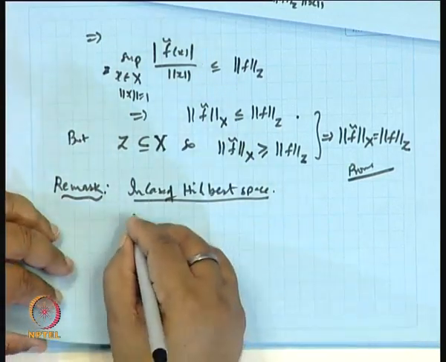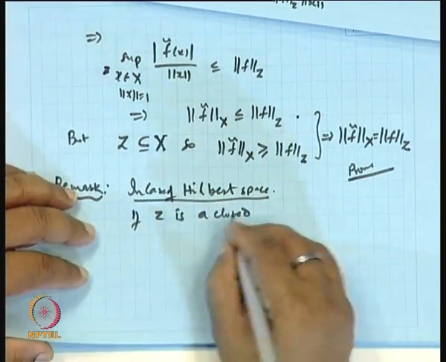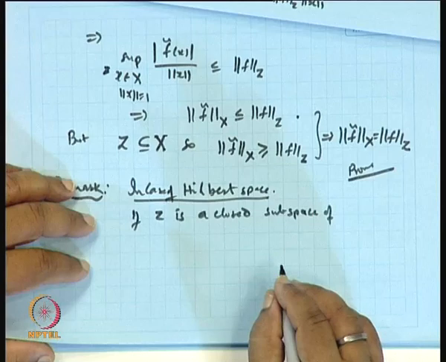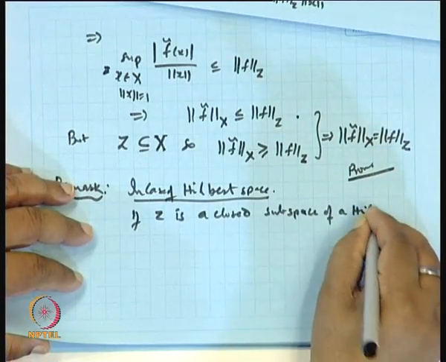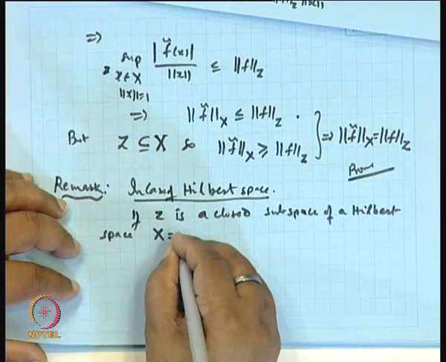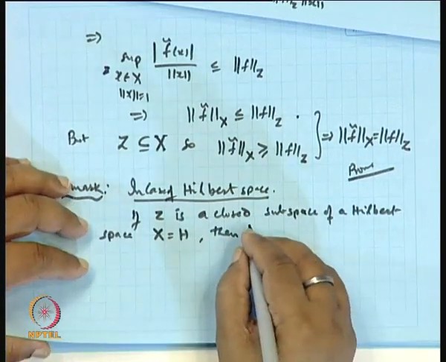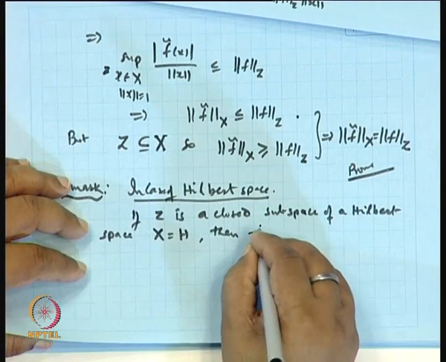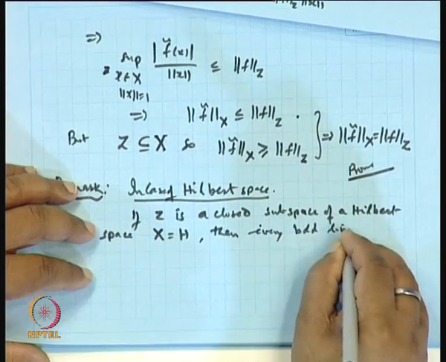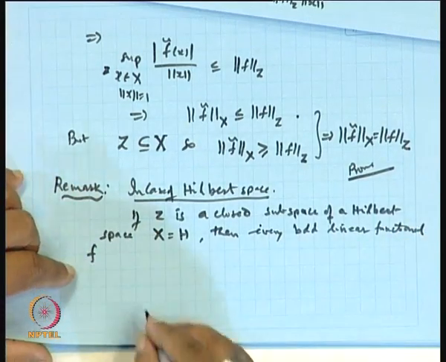Let Z be a closed subspace of a Hilbert space X, which we denote by H. Then every bounded linear functional f has a Riesz representation.